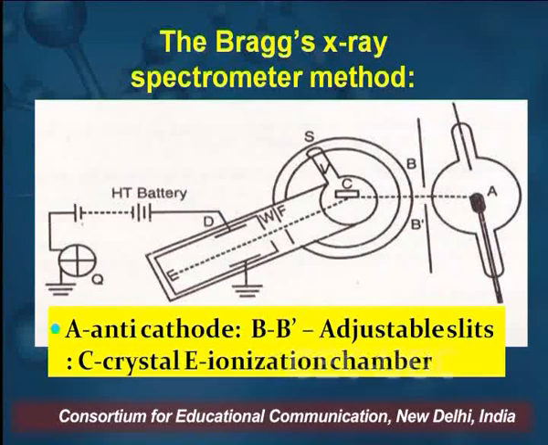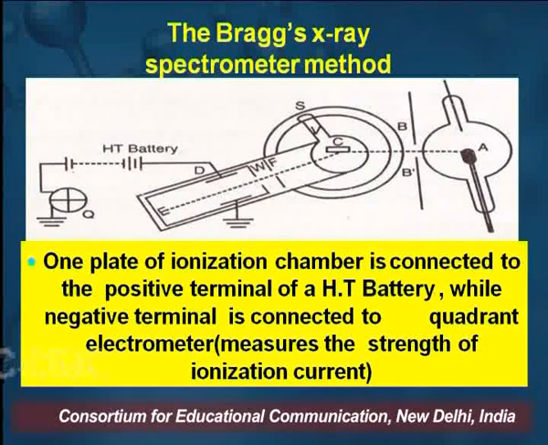The X-ray falls upon a crystal which is inside the Bragg's X-ray spectrometer. The X-ray passes through the adjustable slit and falls upon the crystal, and from here the pattern can be recorded. Now one plate of the ionization chamber is connected to the positive terminal of an HT battery.